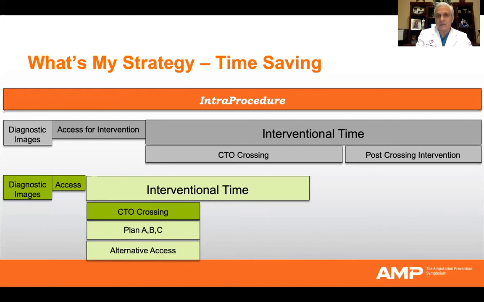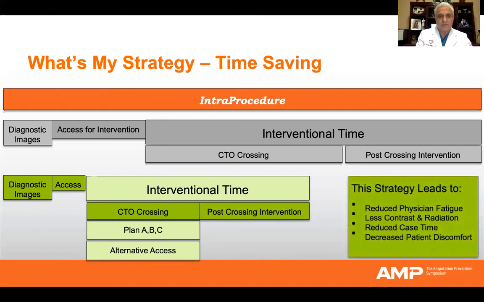Definitely you can cut the crossing time by half. The rest of the time will be the post-CTO-crossing interventional procedure. If we use this strategy, you can reduce patient fatigue, contrast and radiation, and improve comfort.